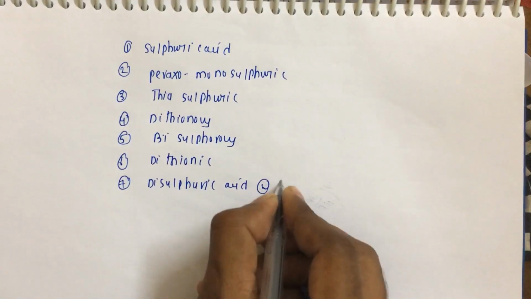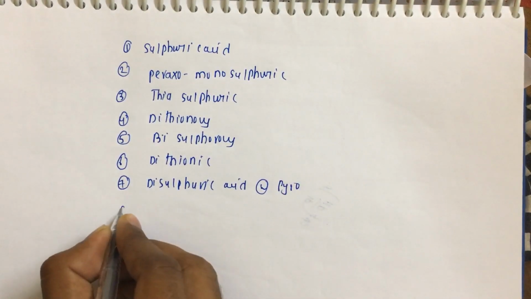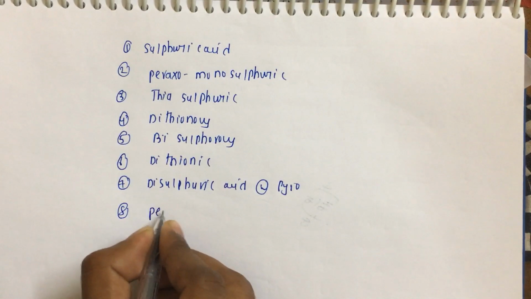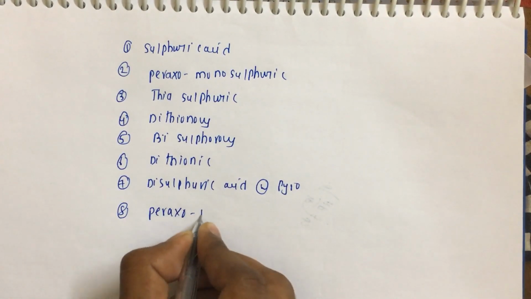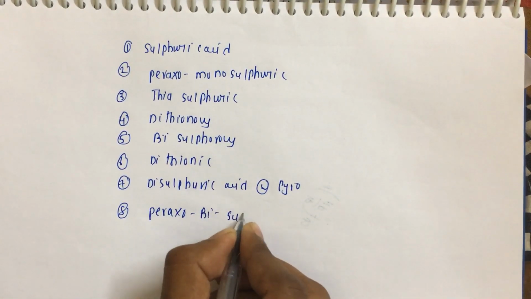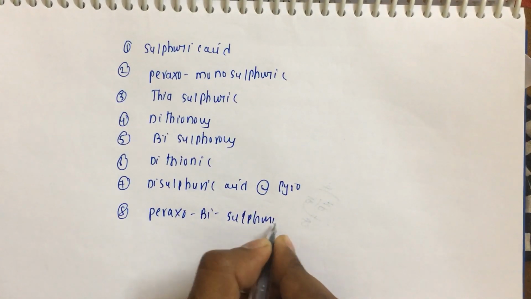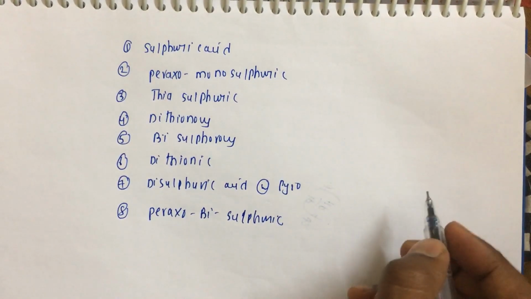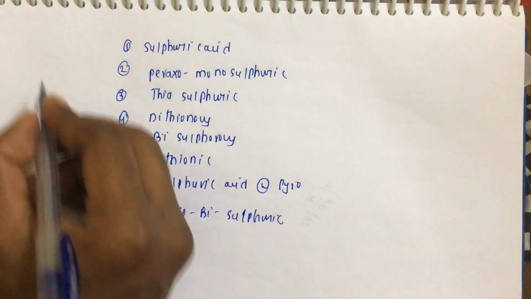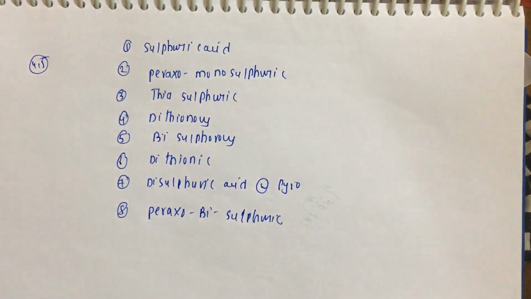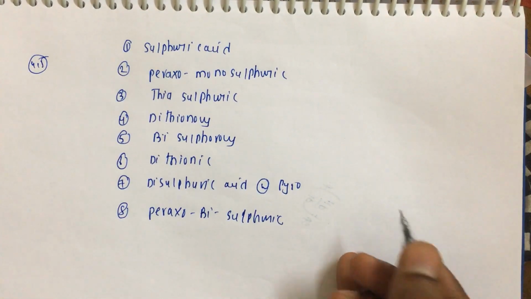This is also called pyrosulfuric acid. Last one is peroxodisulfuric acid. So for maximum 4 to 5 I can tell how to remember. So the remaining 3 you have to learn by heart.